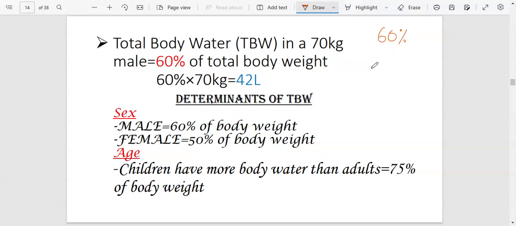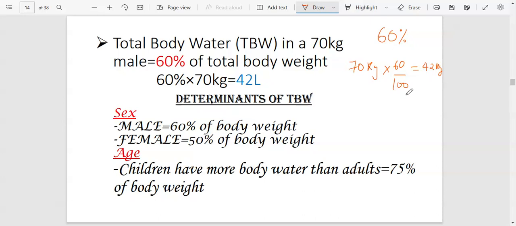So if a male is, let's say, 70 kg, you are going to multiply by 60%, which is 60 out of 100. And this is going to give us 42 kg. All right? It's going to give us 42 kg.